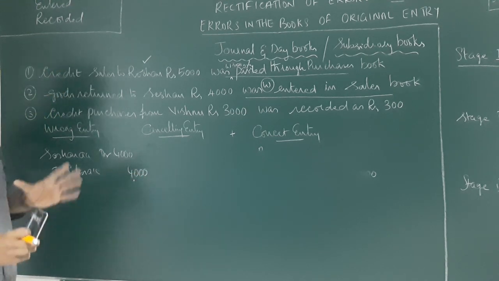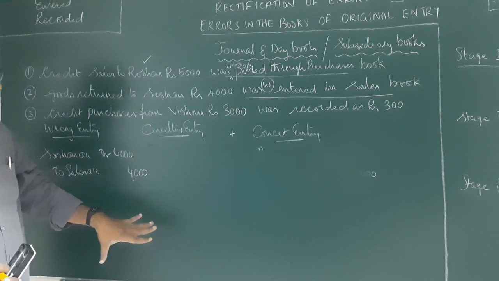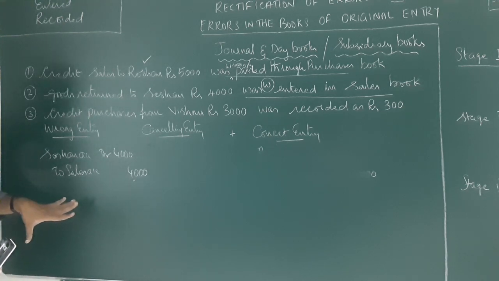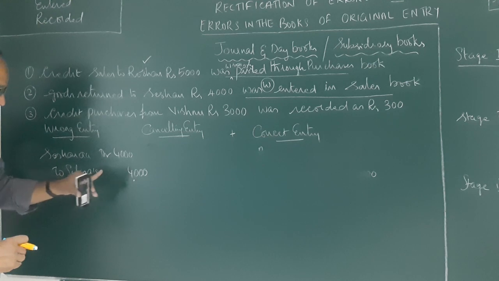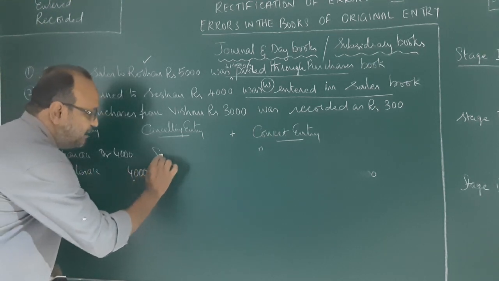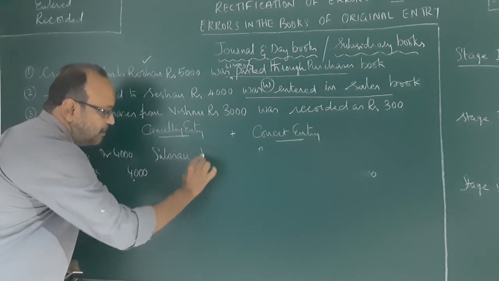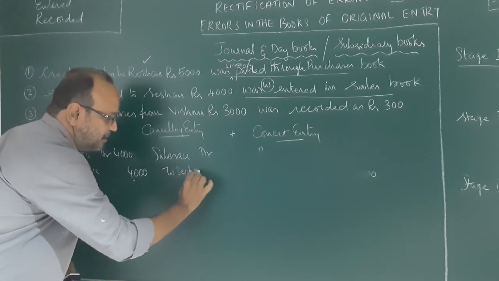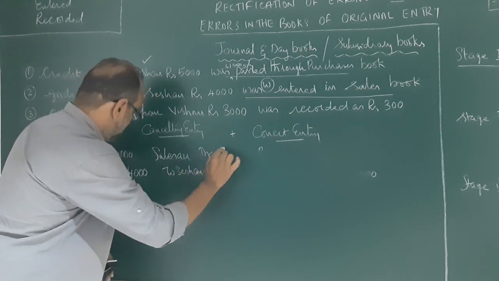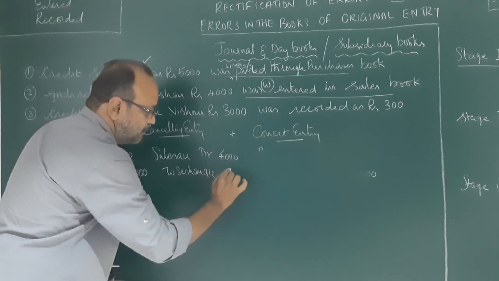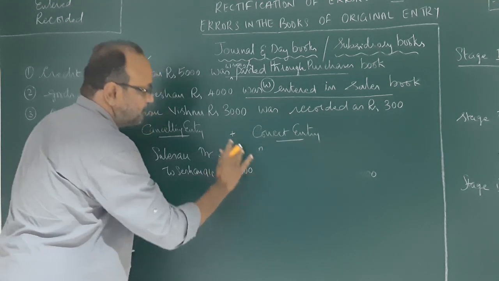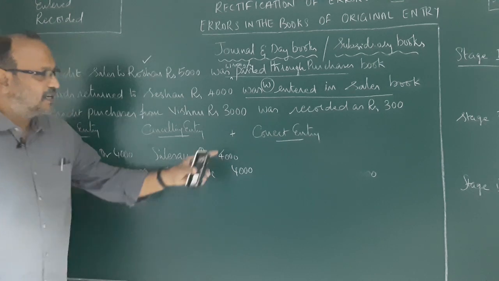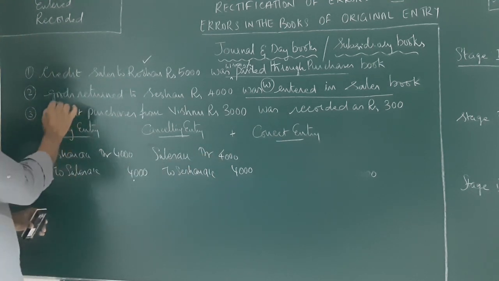I'll give you 5 seconds time. Cancel it. How do we cancel it? Reverse the journal entry. Sales account debit to Session account 4,000. Now what is the correct journal entry? What is the correct transaction here?